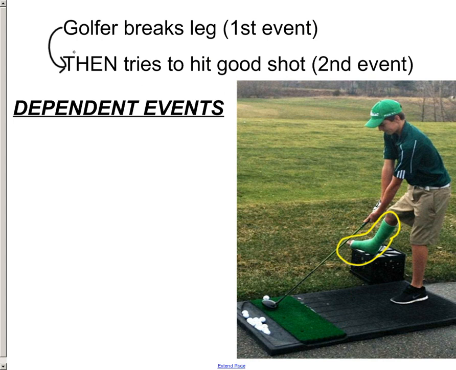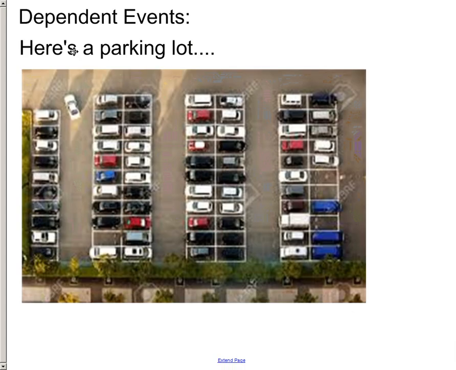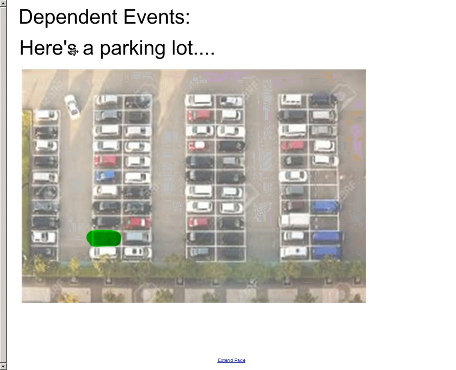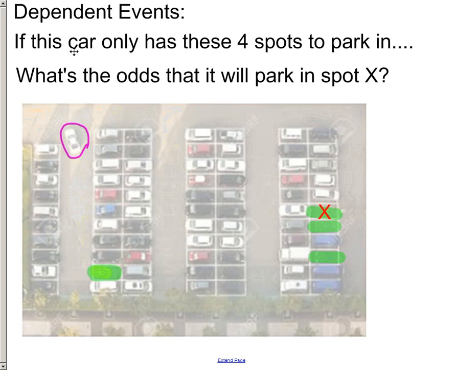Okay? Now, if we look at the parking lot right here, we see that there are 4 parking spots, and I've got them highlighted, that this car could go and park in. What's the probability that this car, if it was truly random, and it's not, but if it was truly random, would park in this X spot right here? Well, there's 4 spots, and there's only one X there, so it'd be a 1 in 4 chance. And I went ahead and parked the car right there in that spot.